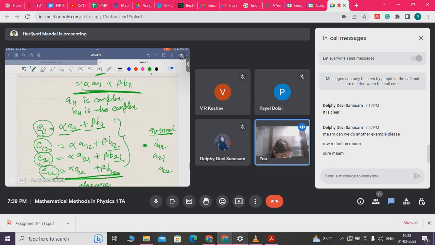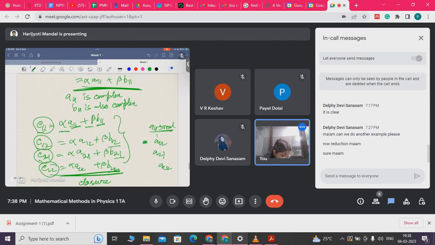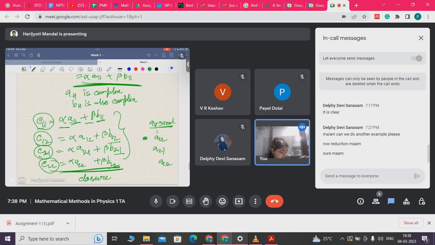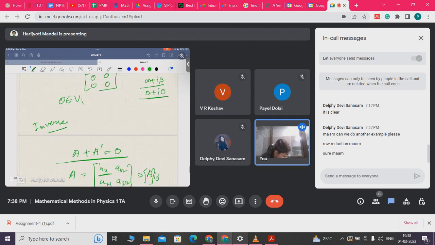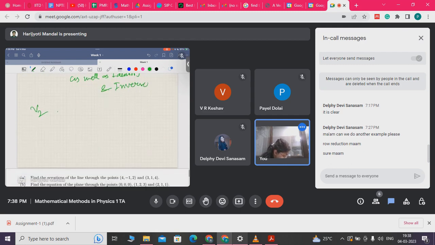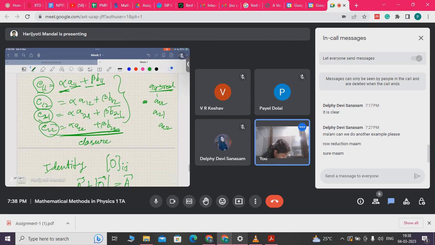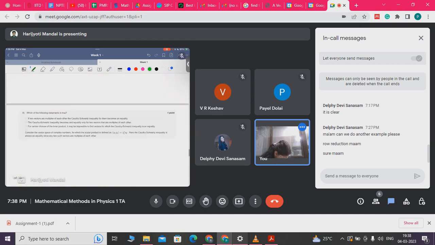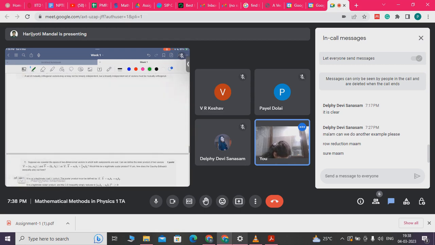So that will make C11, C12, C21, C22 all real. There we assume alpha and beta are real numbers, because the matrices themselves are real, so we don't need a complex scalar. So V1 and V2 are both vector spaces.